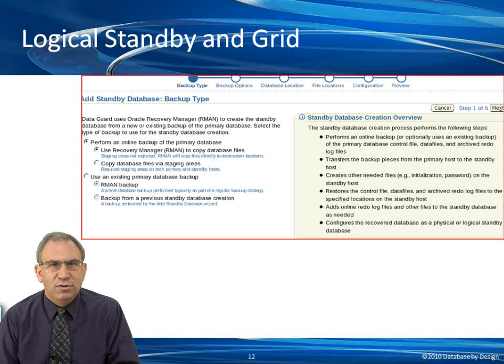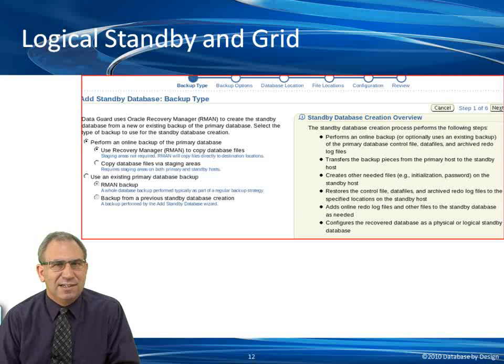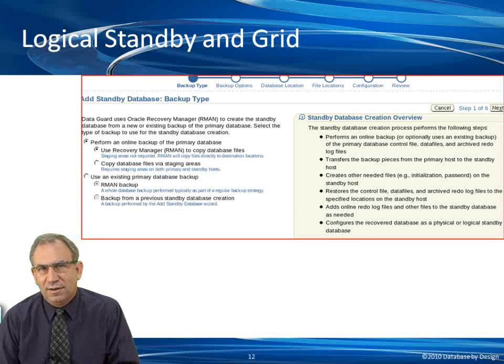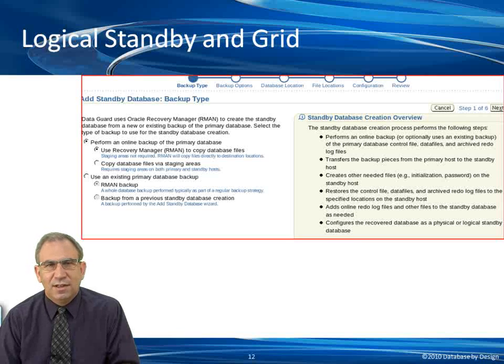When I create a new logical standby, I can see that my options are going to be the same. It says, do you want to perform an online backup by using RMAN? Or do you want to use an existing backup that you created within RMAN? In this particular case, I'm going to have it perform a backup of the primary database right now and use that RMAN backup to create my logical standby database.